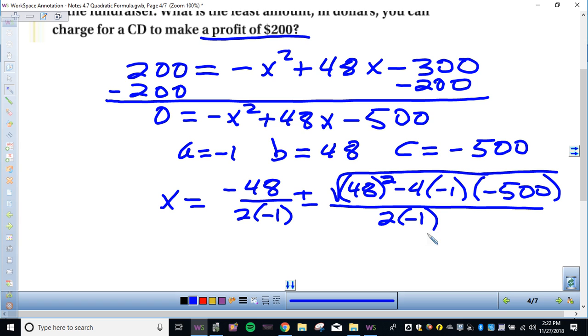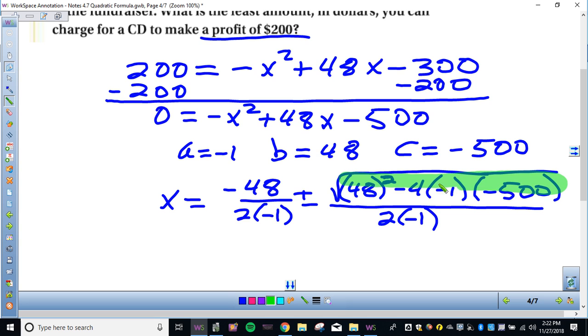So what I'd recommend you do right now is put this in your calculator, not the square root, just what's underneath the square root. Put that in your calculator and make sure you can come up with 304. So just the highlighted part, not the square root.